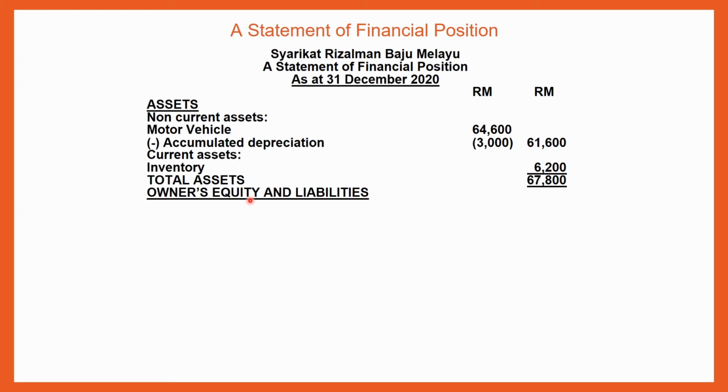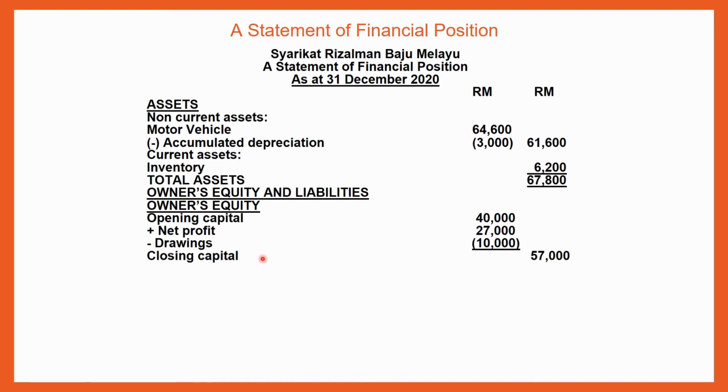And the second one, owner's equity. So this is the list of owner's equity. And as usual, we get opening capital plus net profit less drawing to get closing capital. And this is the list of liabilities.